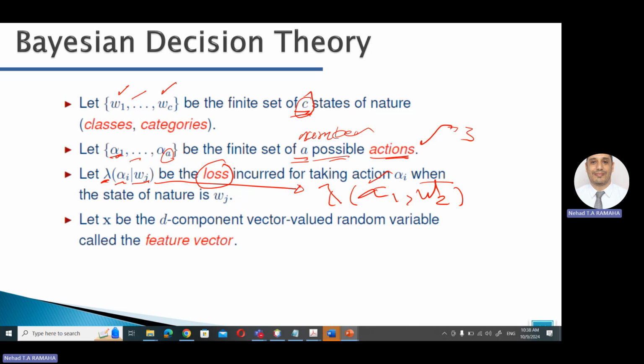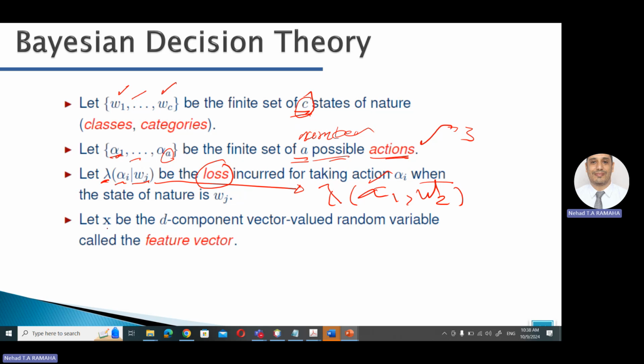We will lose for the return of some money and so on. Yes, so we know it from our experience. So this lambda, we don't need you to calculate it. It will be given to you that we have this loss when we take this action with this class.